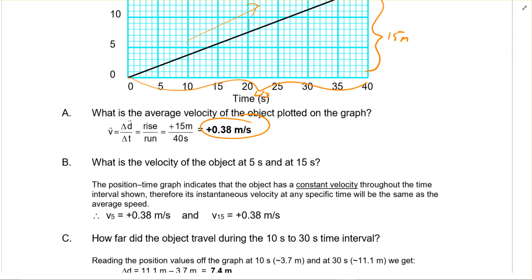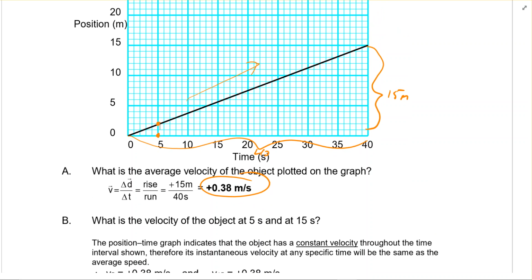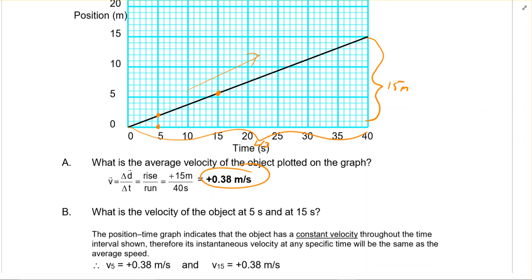Okay, so what is the velocity of the object at 5 seconds and at 15 seconds? All you got to do is look at 5 seconds, and that's that point right there. It wants to know what the velocity was at that point and at 15 seconds. Kind of a trick question here though, because we're dealing with constant velocity.